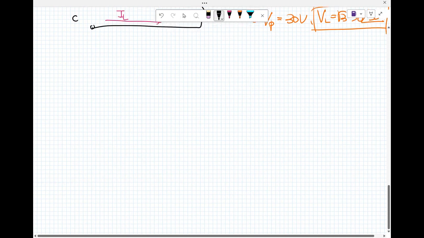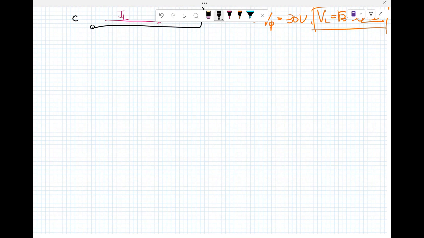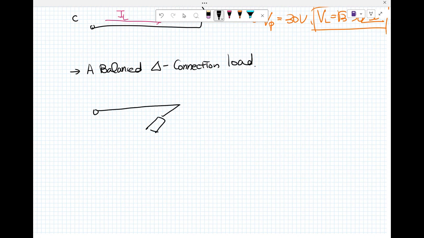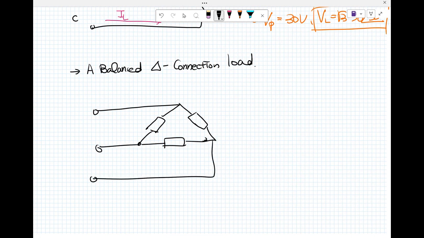So how about delta? This is a delta. This is the line.